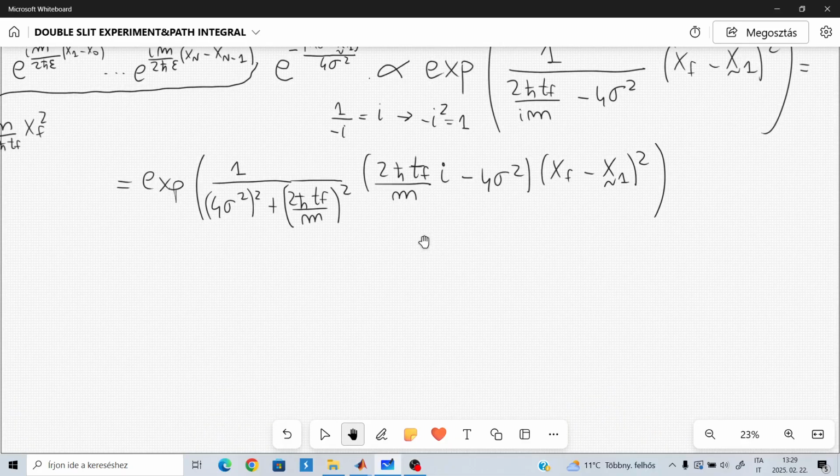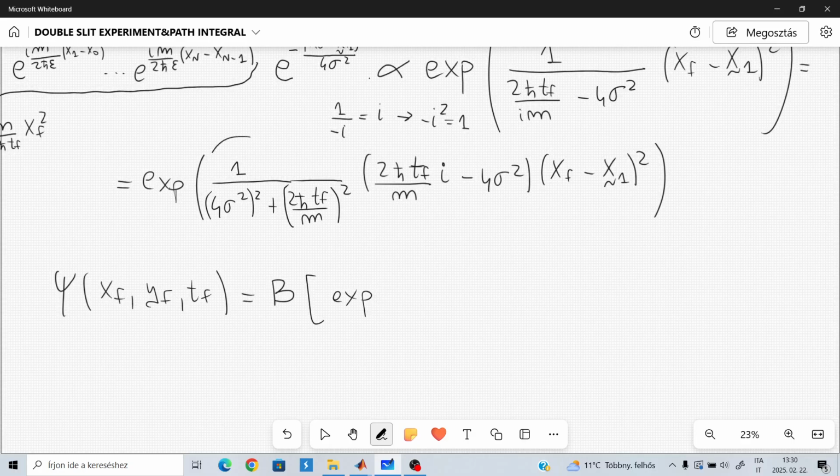Now, we can also write down the final expression for psi of xf, yf, tf, which will be some complex constant that we will write as b. And then we have this exponential here. So let me just simplify it a little bit.